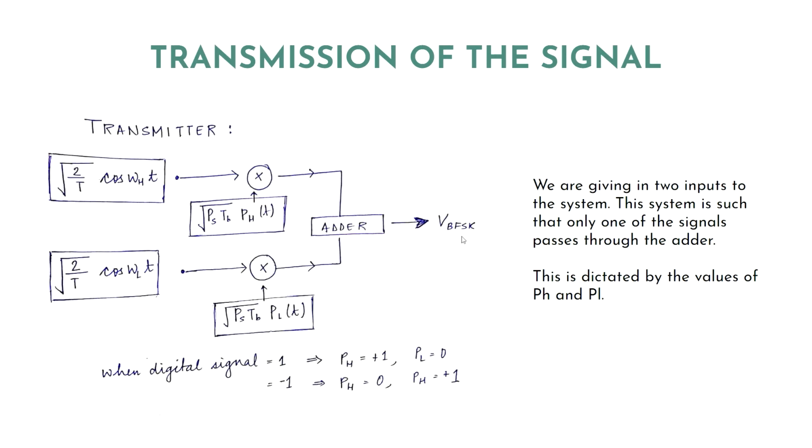Now let's come to the transmission of the signal. The transmitter, as you can look here, has two multipliers and an adder.